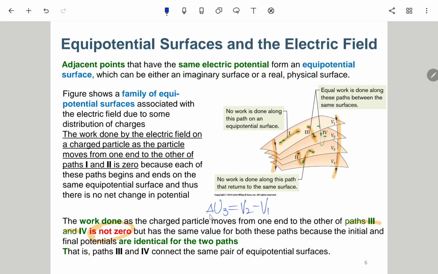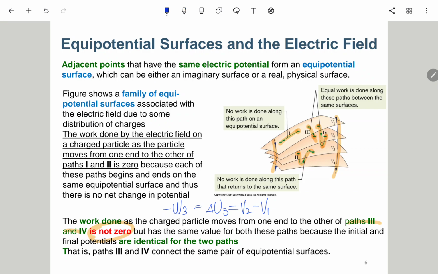You can also write W3 as V1 minus V2, which is negative delta U3, which is negative W3. Then for path 4, the starting point is still at V1, then it goes off a bit and then goes back to V2.